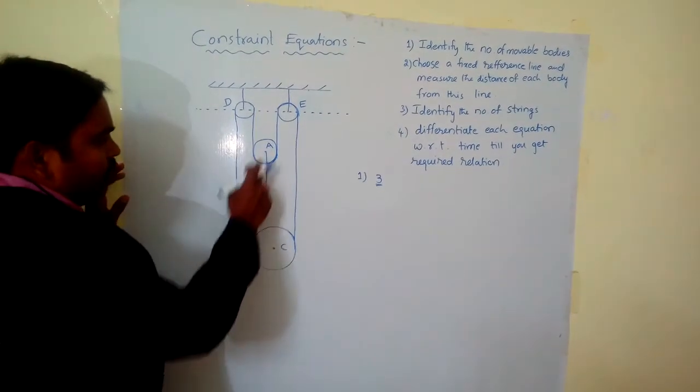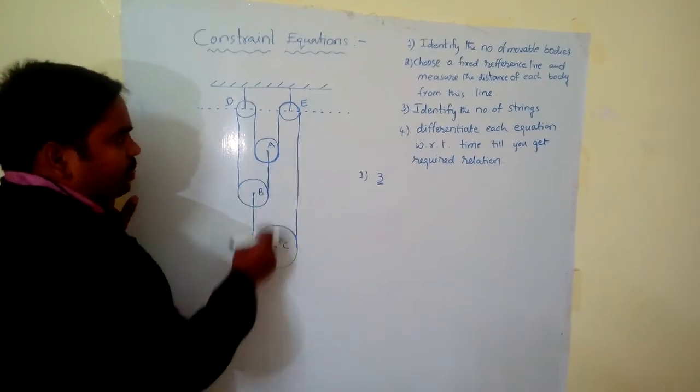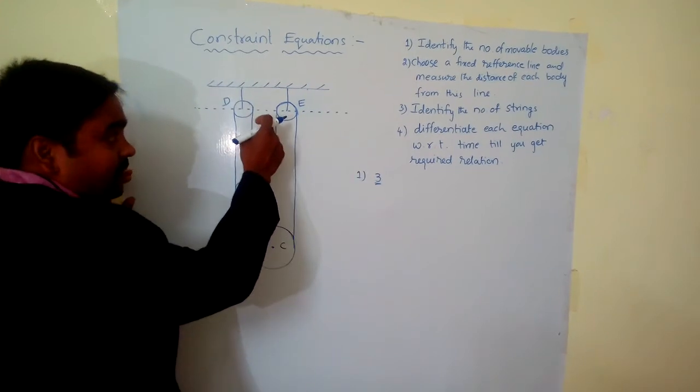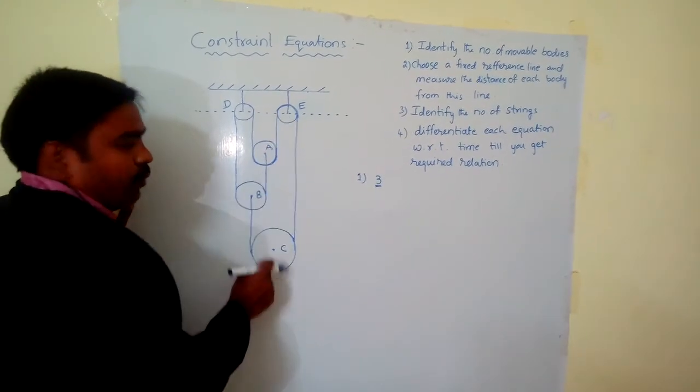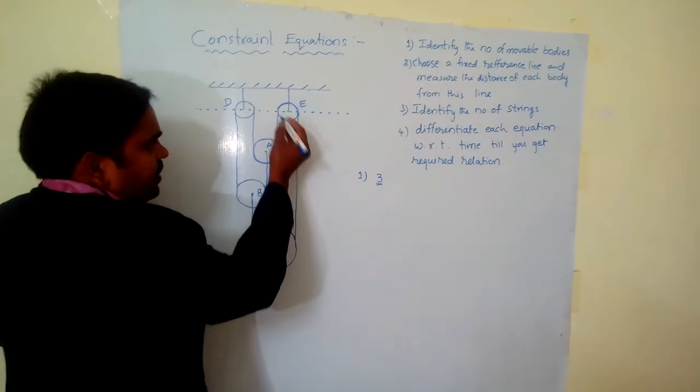So here we have 3 movable bodies. We are going to measure the distances from the fixed reference line to each and every body. So let me start.